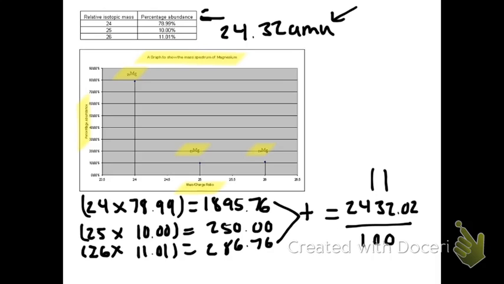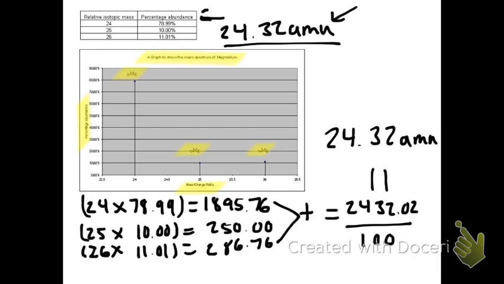Let's put that up here. This answer, after you divide, should be 24.32 AMUs, which matches our relative atomic mass that's on the periodic table. And so this is how we calculate not only the relative atomic mass, but the masses that are on the periodic table that we use for each of those atoms.